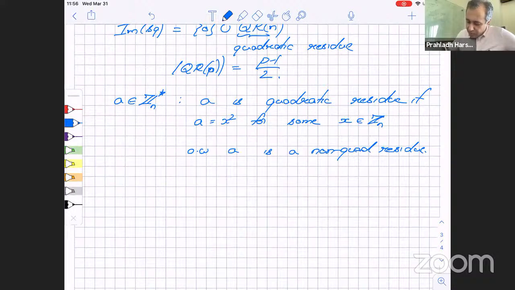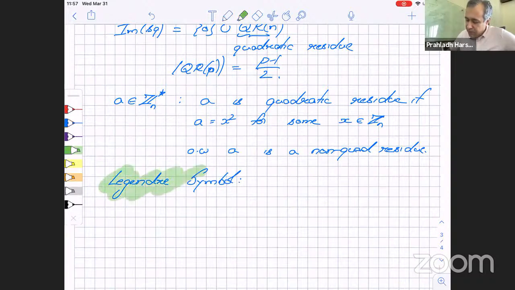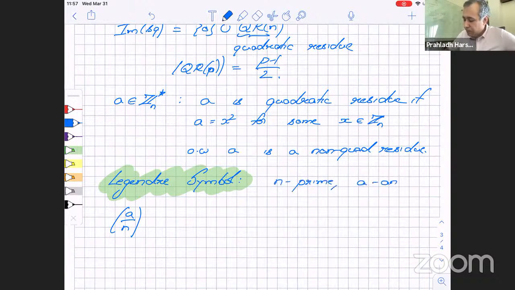I'm going to define a new symbol called the Legendre symbol, which is more a shorthand notation for denoting whatever I have written so far. The Legendre symbol of A and n is defined when n is prime and A is any integer. It's defined to be 0 if A is congruent to 0 mod n.